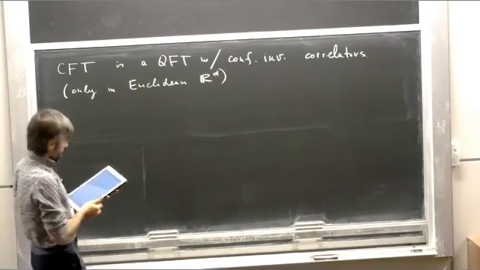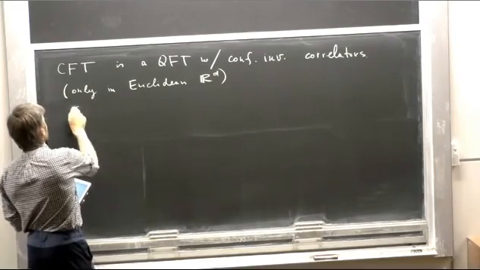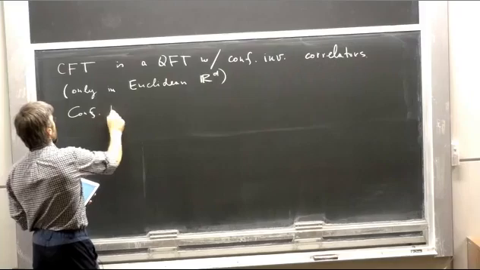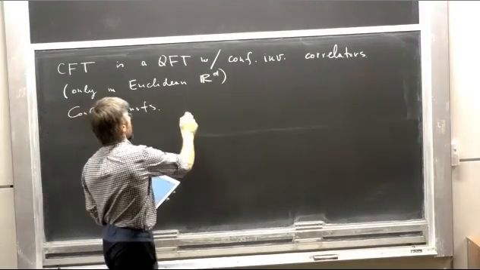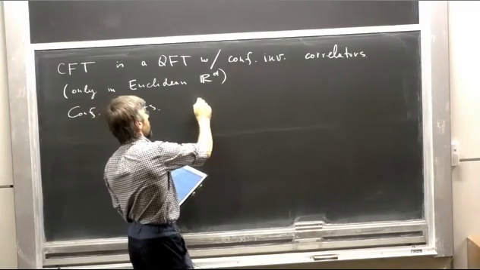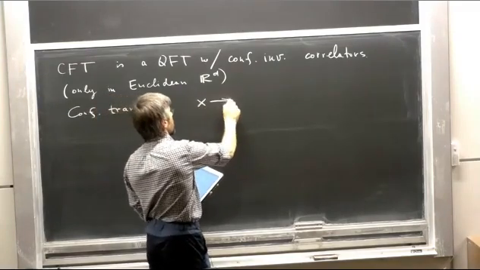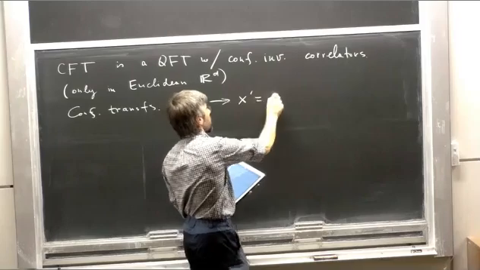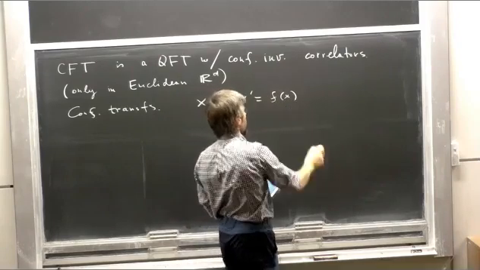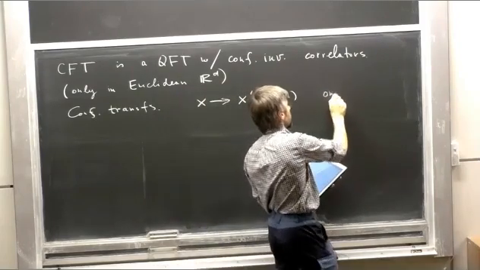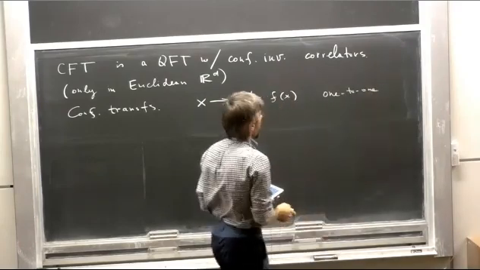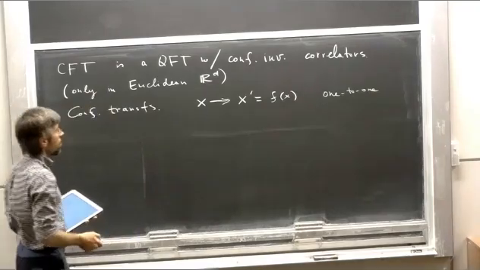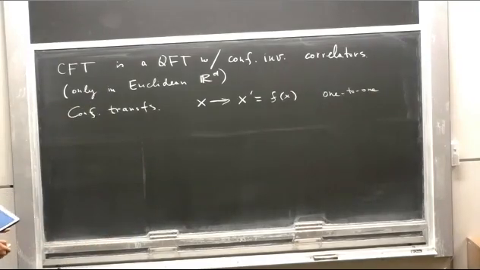And so first of all, what are the conformal transformations? Conformal transformations of R^D are some maps x to x prime equals f of x, which are supposed to be 1-to-1. And they have this property that locally they look like a dilatation and a rotation.